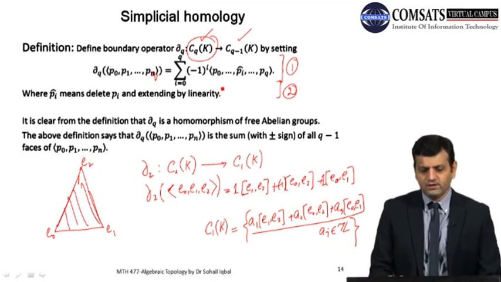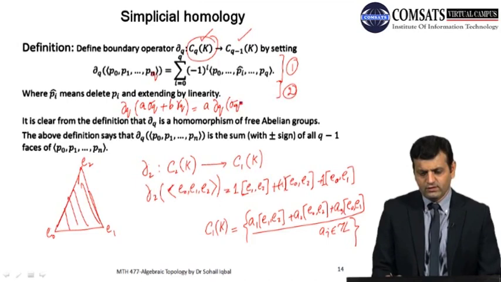Extending by linearity means we assume that this boundary operator partial q is a linear function. Linear in the sense that, for example, partial q applied to a sigma_q plus b gamma_q is equal to a times partial q of sigma_q plus b times partial q of gamma_q.